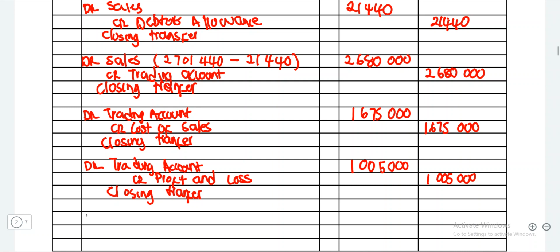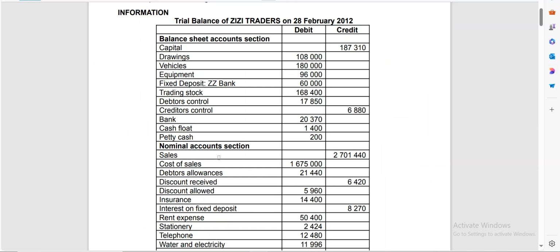So we are going to say here debit profit and loss, debit profit and loss. Okay, and then we are going to credit all the expenses that we are going to have. Remember, you are going to debit profit and loss by the total of those expenses, and then here you write those individual expenses here. So let's start the expenses that we have.